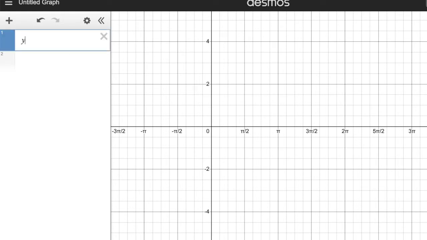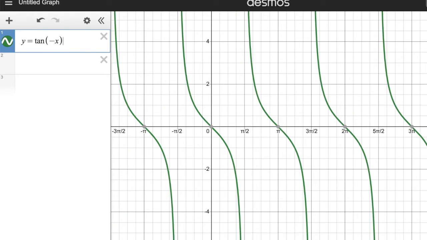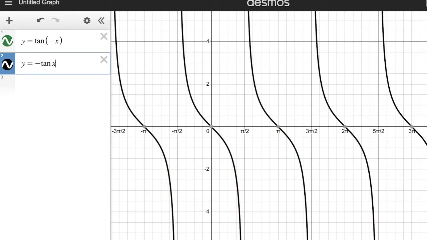If I graph y equals tan x, and then let's make that negative x, it is reflected through the y-axis, but y equals negative tan x is reflected through the x-axis, but it's the same graph. Because it's an odd function, we get the same result.